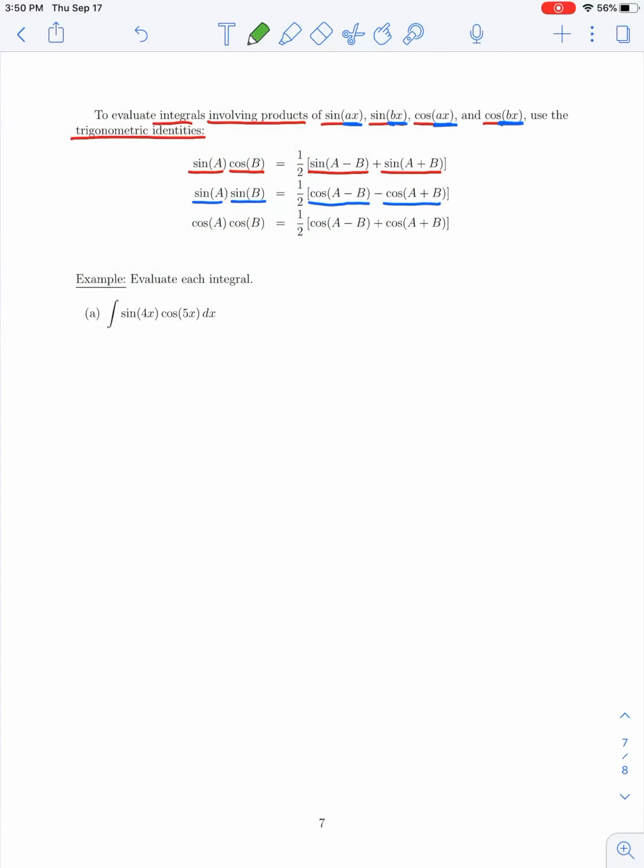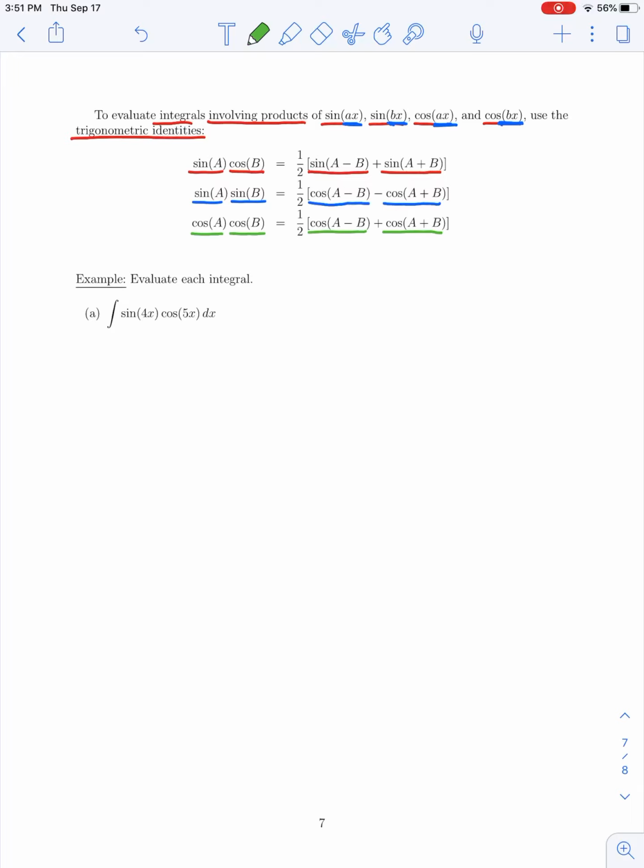In the third case, a product of cosine functions with different arguments, cosine of a and cosine of b, we could express this as 1/2 of cosine a minus b plus cosine of a plus b.